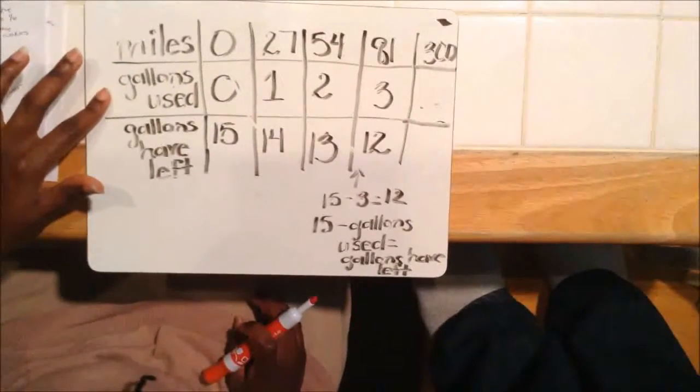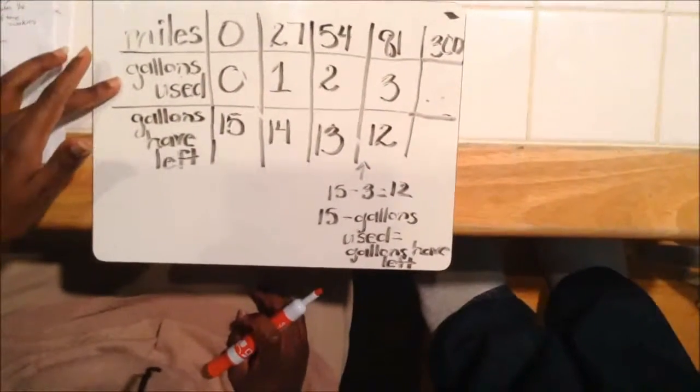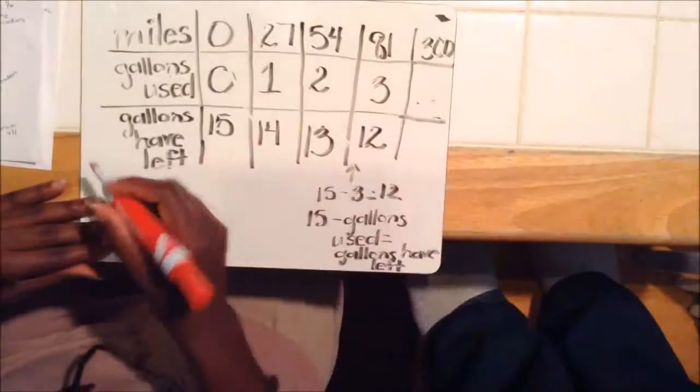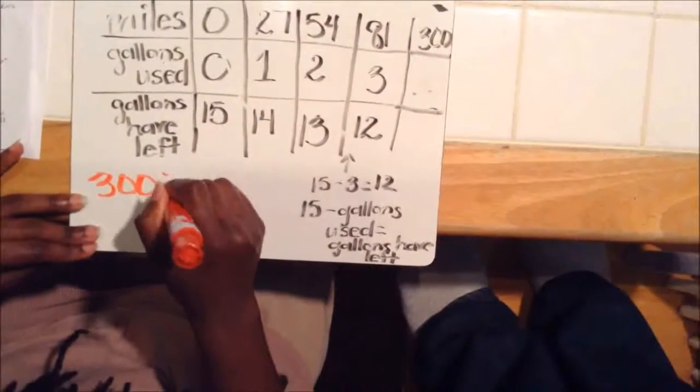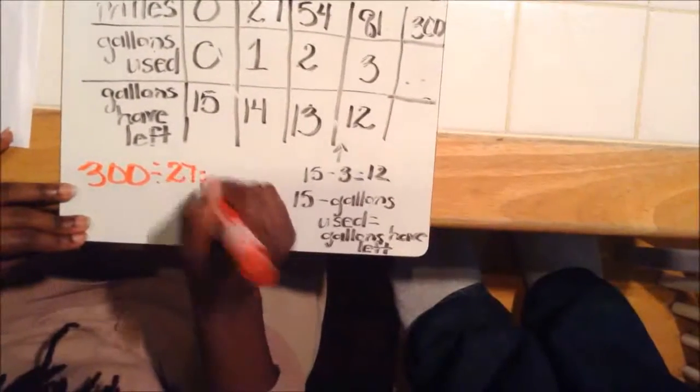So if we want to figure out the gallons that we've used, we're going to take our miles and divide it by 27. So that's going to be 300 divided by 27.